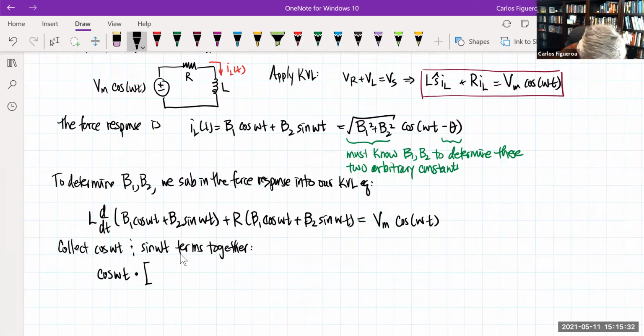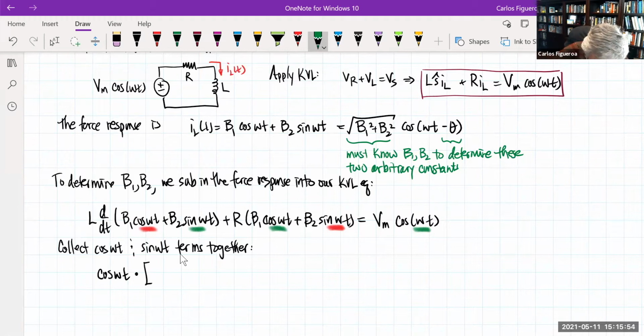Look at the first term, it's going to be sine. I'm going to say that the red is sine. And then my cosine terms are going to be the green ones. Okay, that has to be the case.